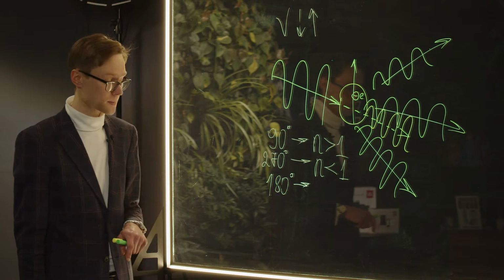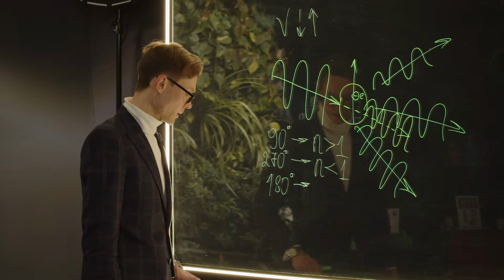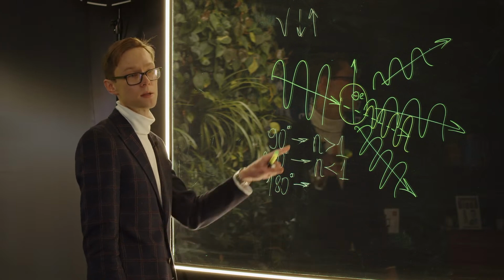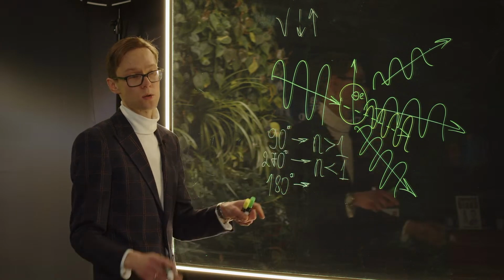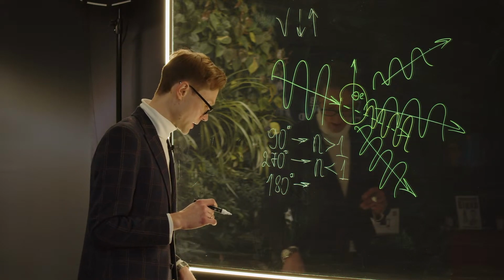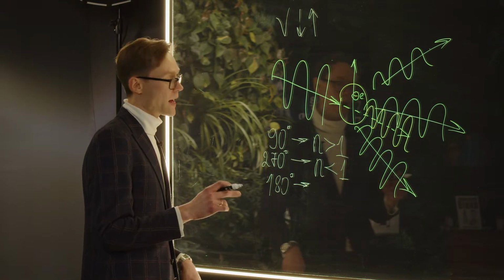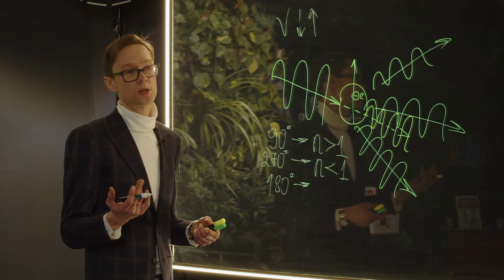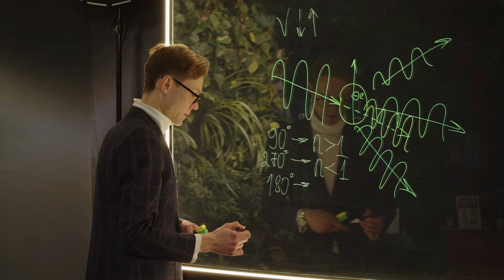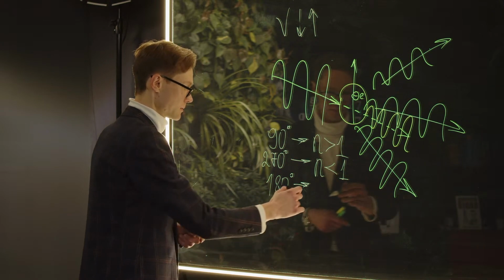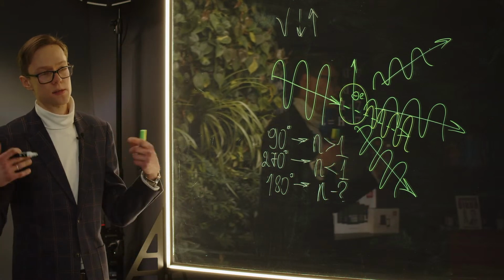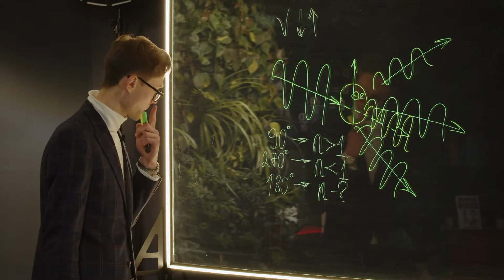In that case, we're talking about destructive interference between the incident wave and the emitted wave. So they cancel each other, and the result is the absorption of the energy of the incident wave. So in that case, we can say that n cannot be defined. This becomes an imaginary value.